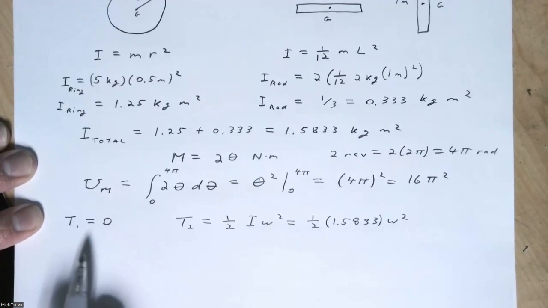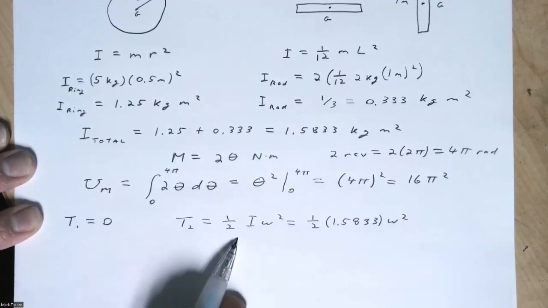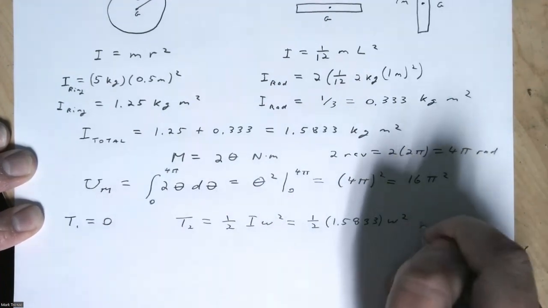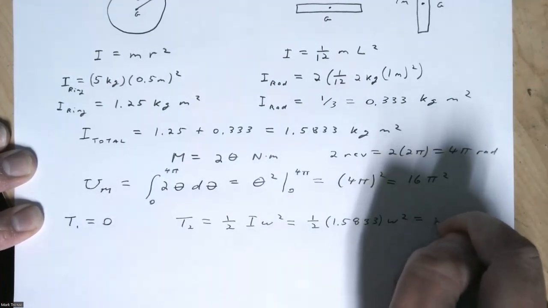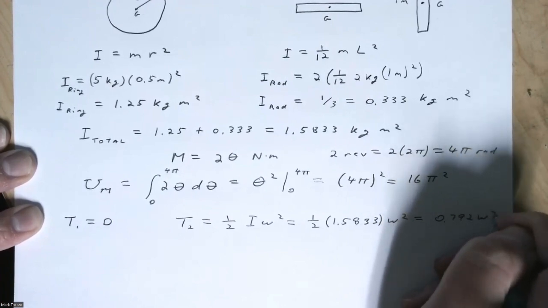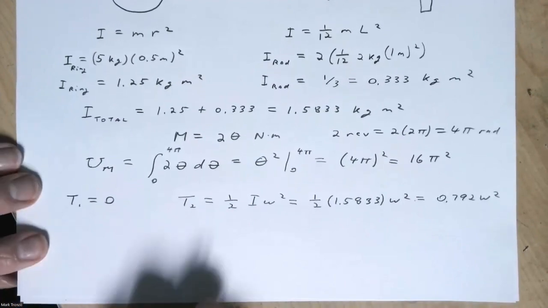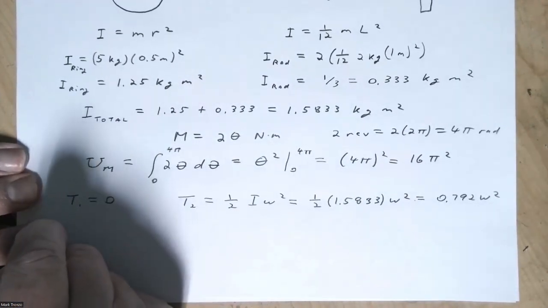Again, remember, we want our initial kinetic energy and our final kinetic energy. And this is just going to be 0.792 omega squared. Then put everything into our work energy equation.